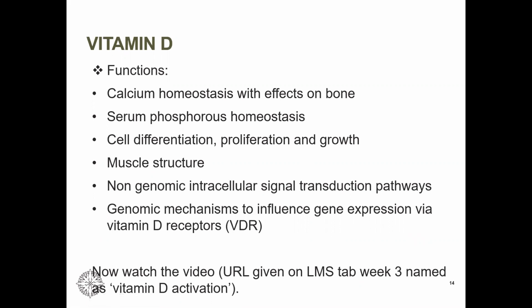And how do we know that? Because now it is noticed that most of the human cells, and I'll again use the example of immune cells, have vitamin D receptors on their cell membrane. So for example, again, there is a virus infection and a particular immune cell needs to do its role.